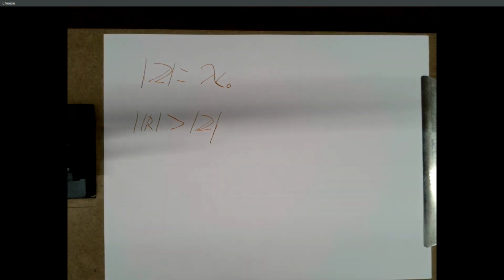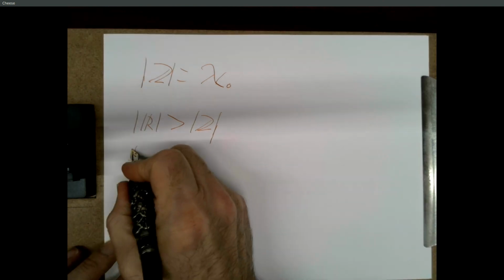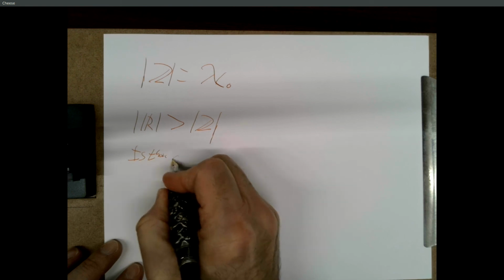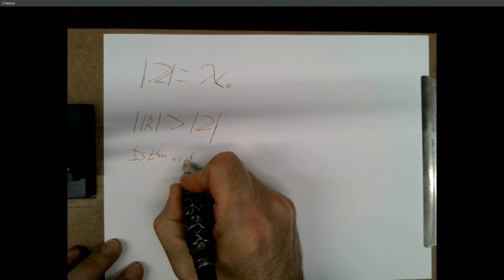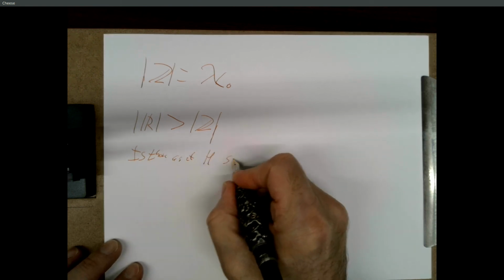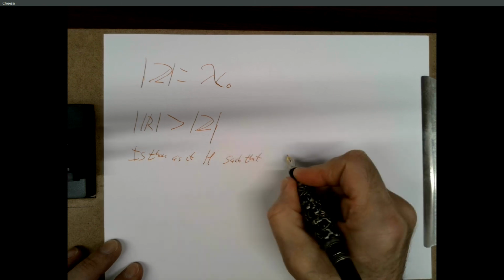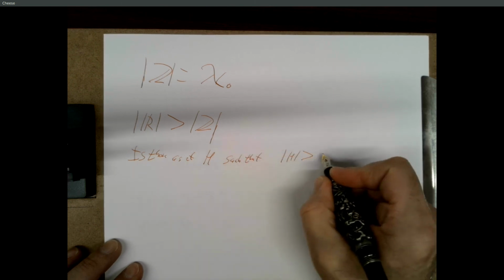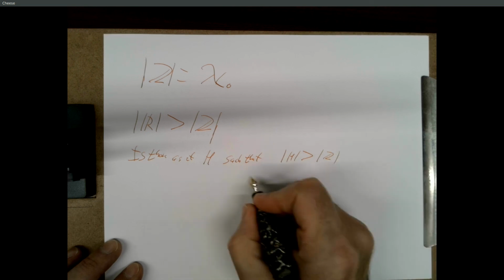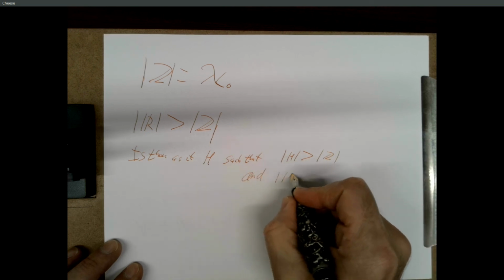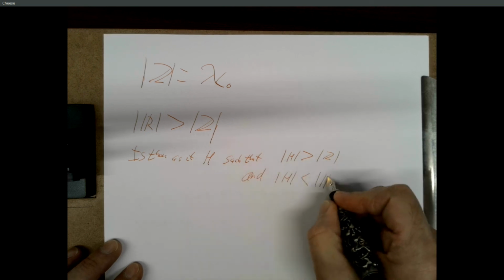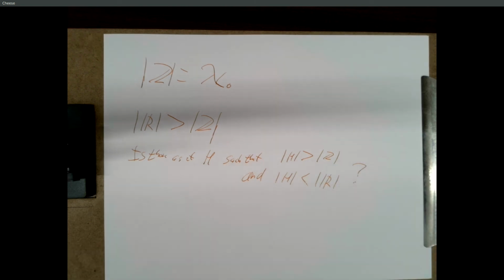So here's the question. Is there a set H such that the cardinality of H is bigger than the cardinality of Z, and the cardinality of H is less than the cardinality of the reals? In other words, is there a set in between the size of the integers and the reals, bigger than the integers but smaller than the reals?